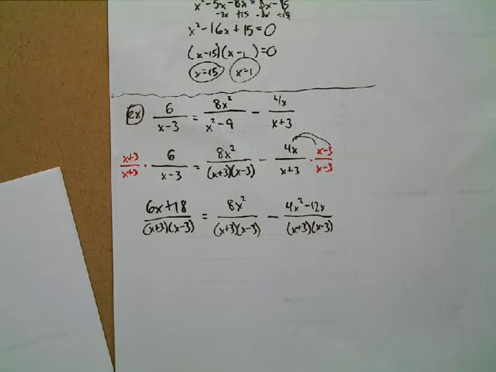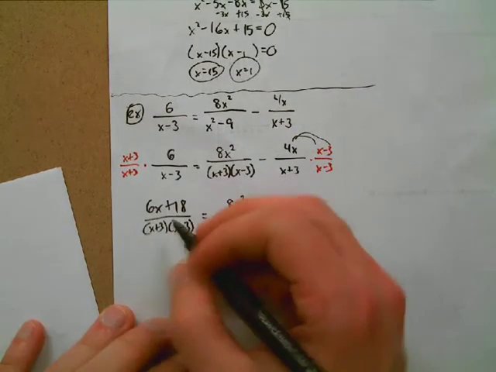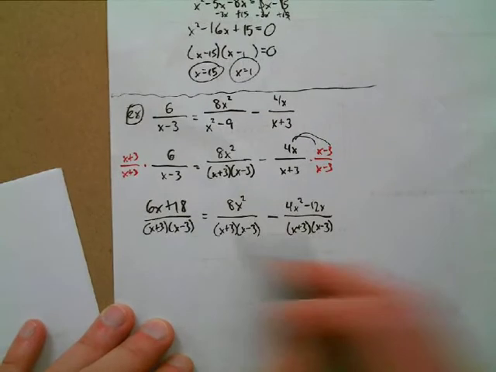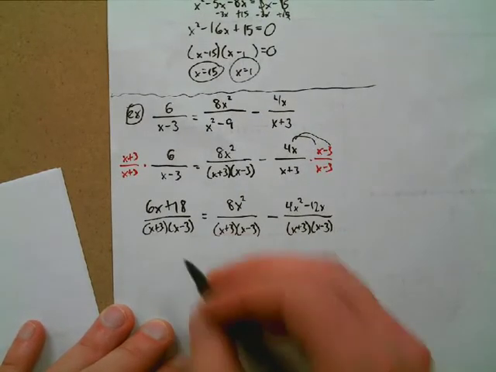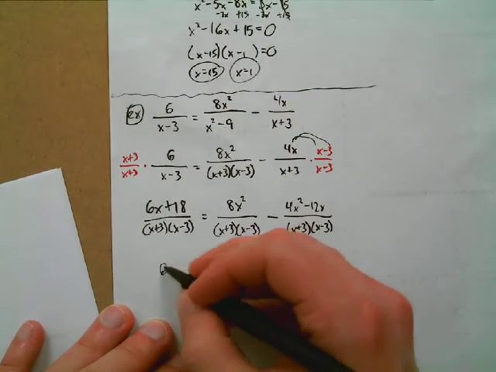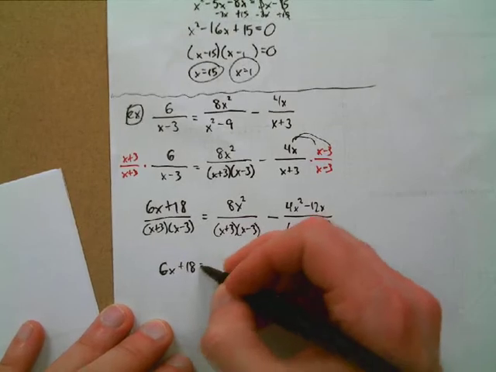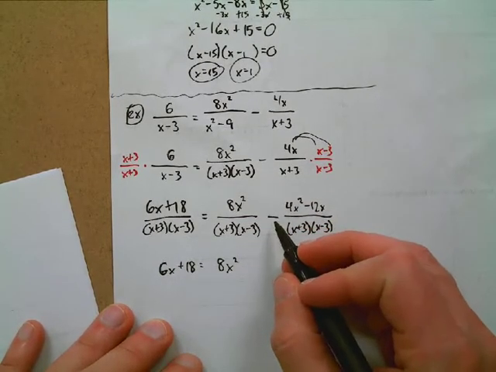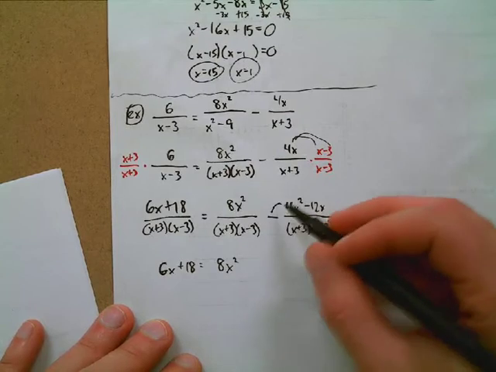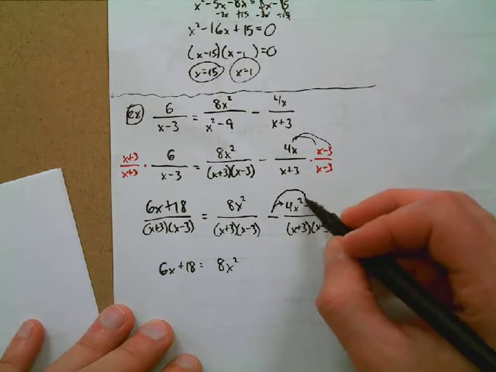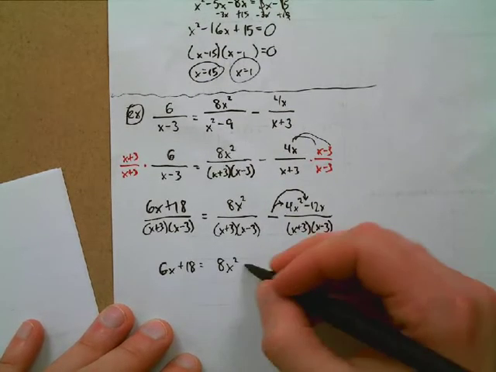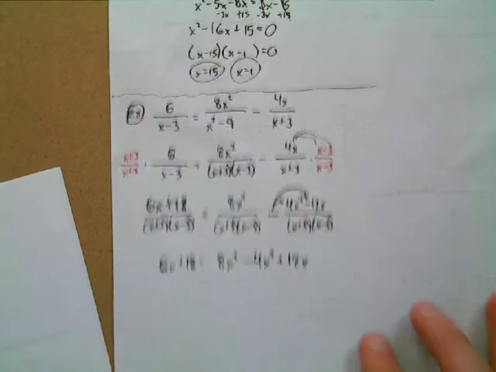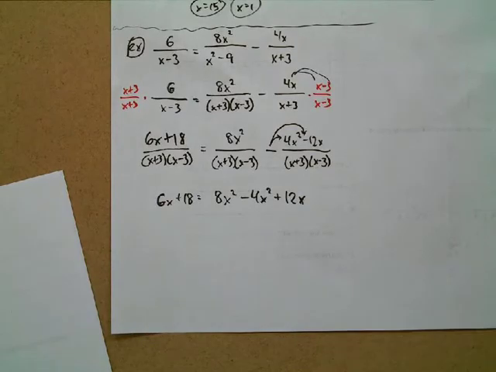So in other words, if this fraction is equal to these fractions, and they all have the same denominator, we'll just drop that denominator and say 6x plus 18 equals 8x squared. The minus distributes. So it'll be minus 4x squared plus 12x. Okay, the minus sign distributes there.